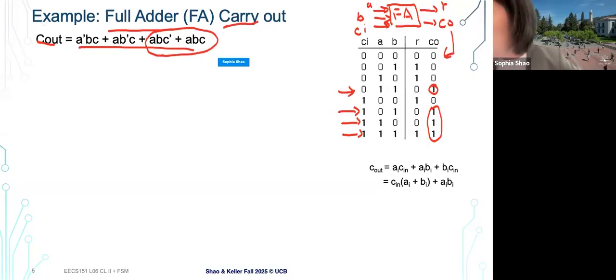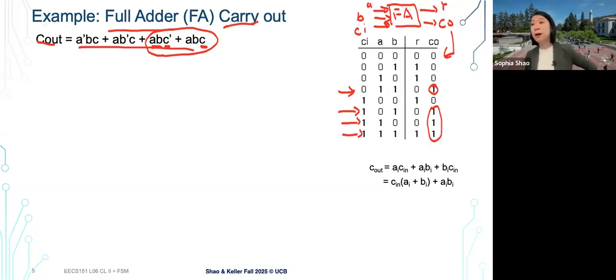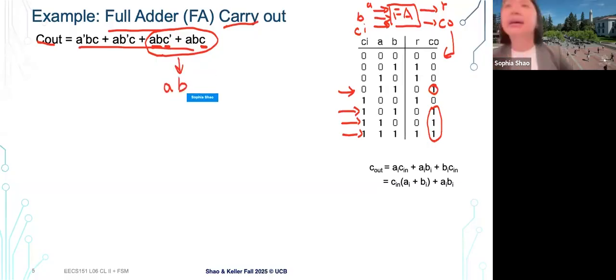For example, here, A and B is ANDed with both C bar and C. Whenever we see this pattern, it basically means C doesn't matter. No matter whether C is true or false, it always leads to the same output. So this is a good opportunity to eliminate C, and you get a simpler version, A and B.